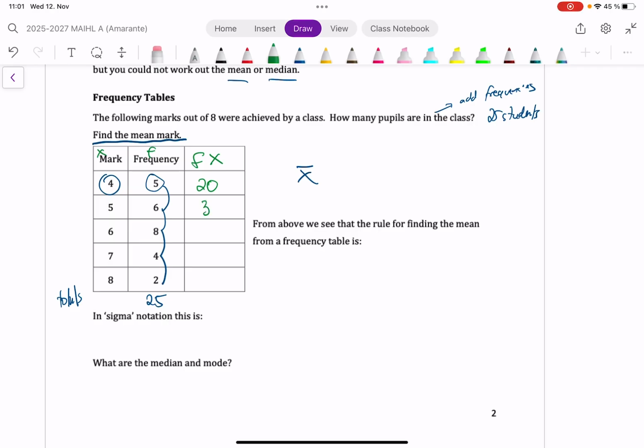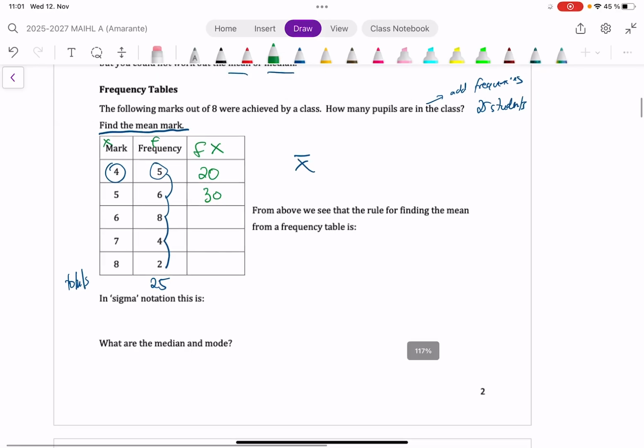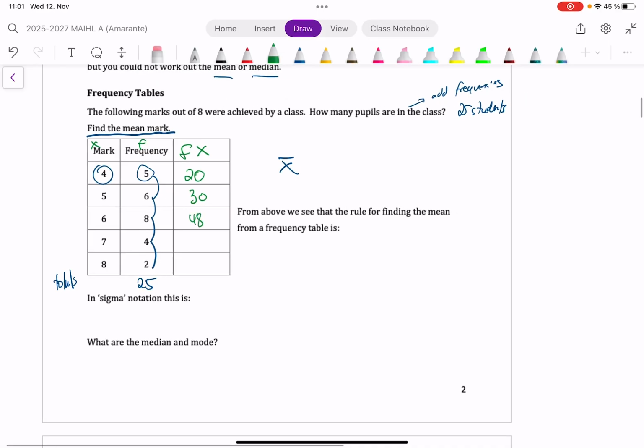This is a total of 30, right? I'm multiplying these. 6 times 8 is a total of 48. And this is 28. And this is 16. And then if I add all those up, so I take that and I sum this column, I get 142. And the reason I do that is because I want the total marks scored all together.